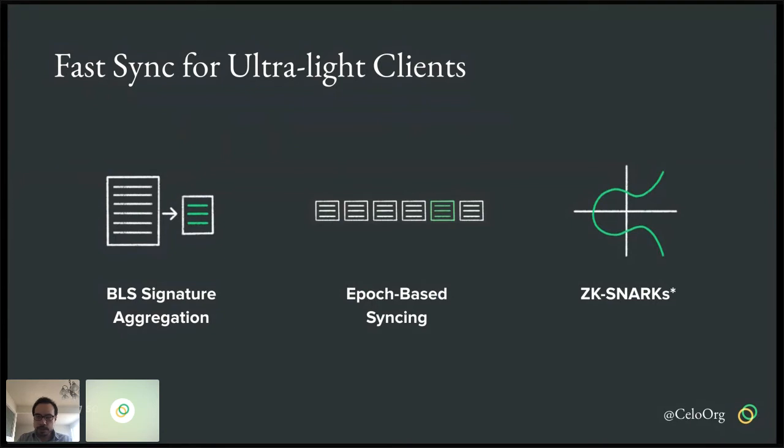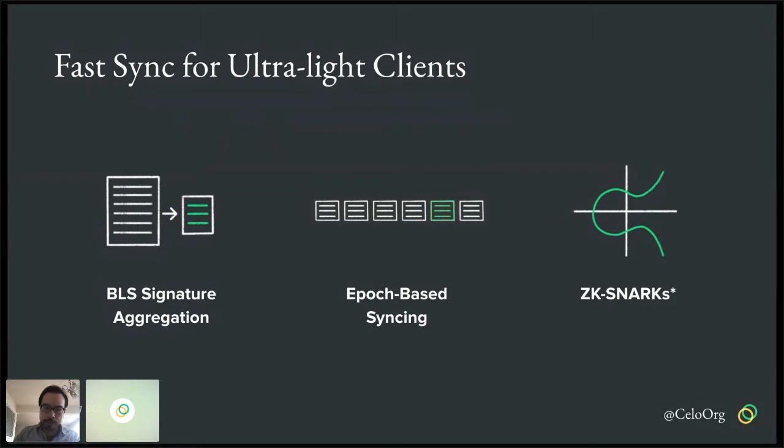So one other change that we made is what we call epoch-based syncing. In the original go-ethereum, all the light clients actually had to download every header for every block.